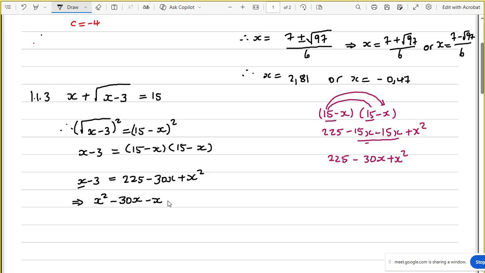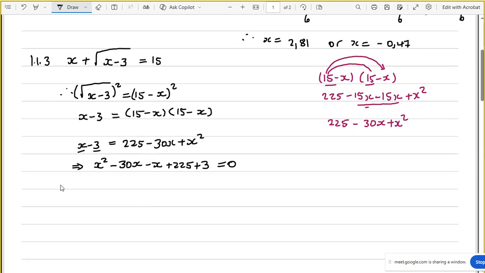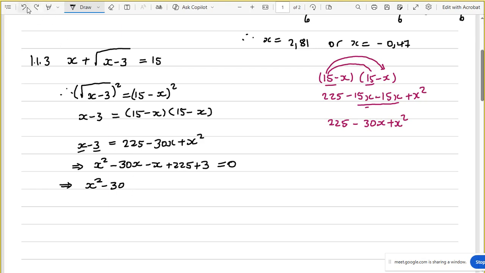Then I still have positive 225. I bring that minus 3 this side to be plus 3, and then we equate this to 0. So the only thing that you need to do is to add the like terms. So this will be x squared minus 31x when you add the like terms, and then 225 plus 3, that's 228.